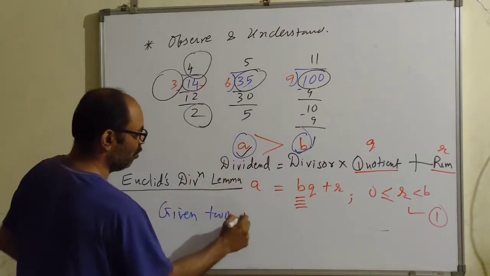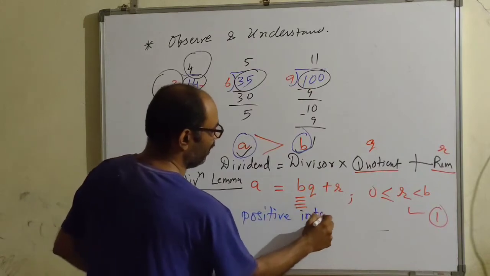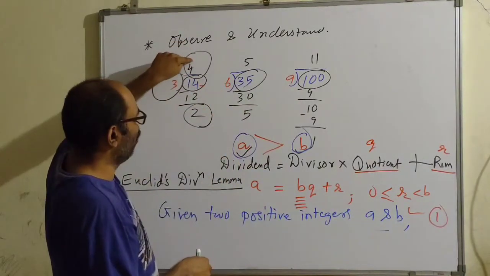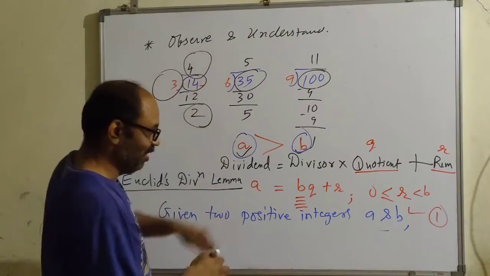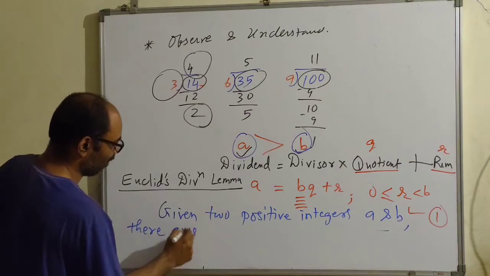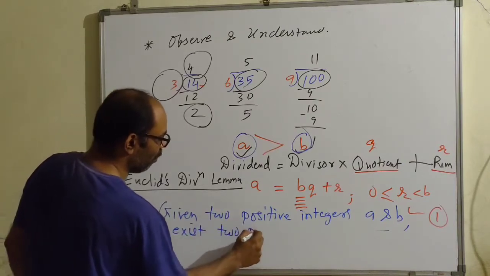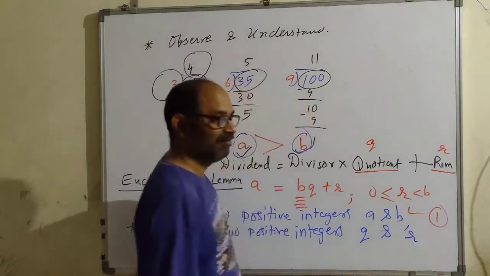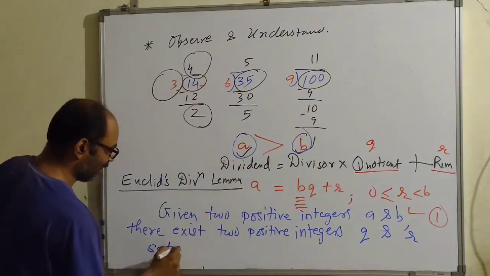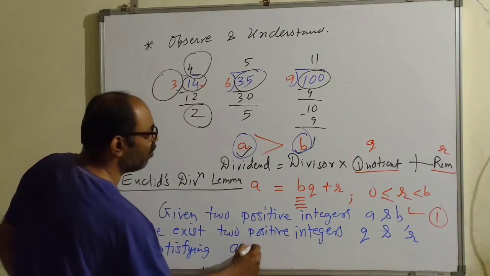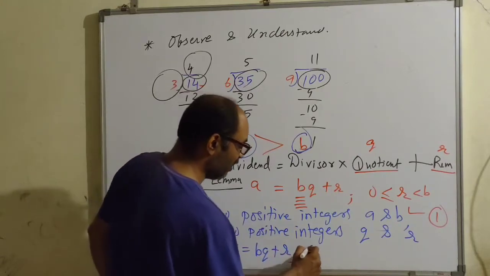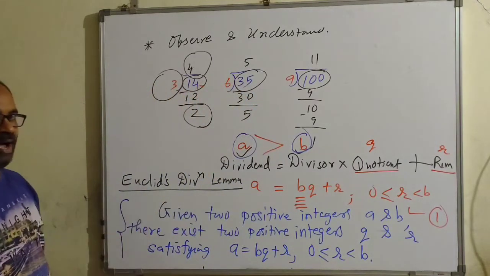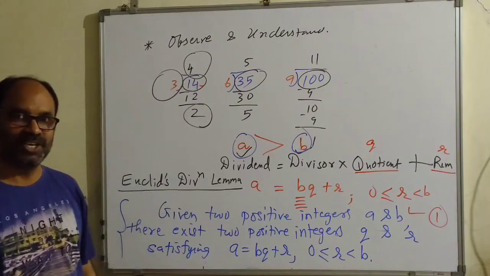Given two positive integers A and B, there exist two more positive integers, Q for quotient and R for remainder, satisfying this condition: A equal to BQ plus R, where 0 is less than or equal to R, which is less than B. This statement was given by Euclid and it came to be known as Euclid's division lemma.